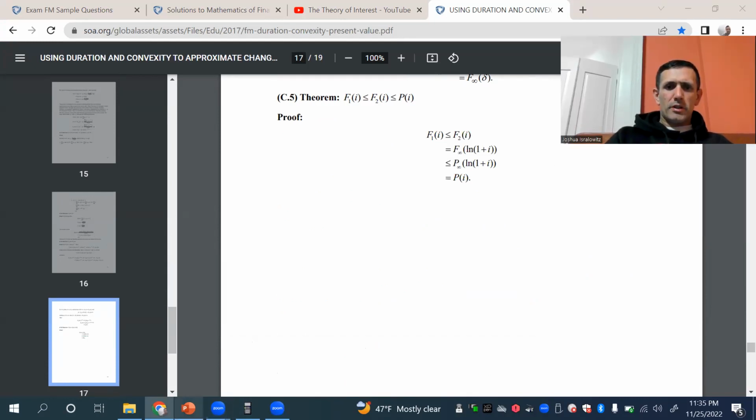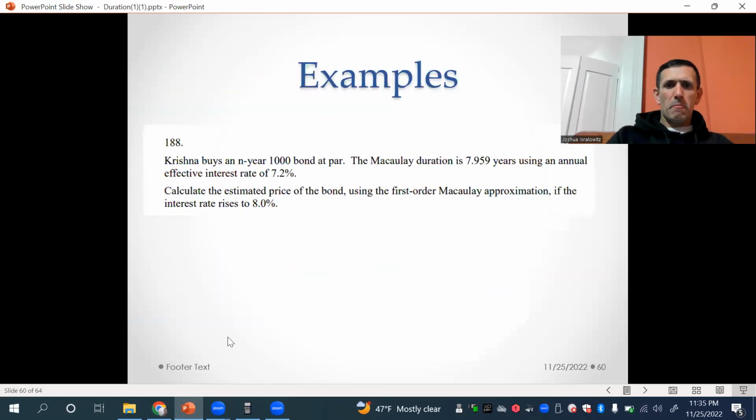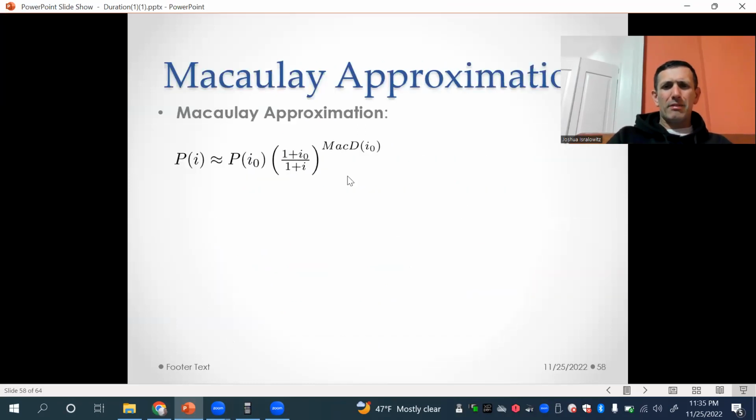So let me just explain where this even comes from. That's my goal here. In particular, having an exponent of the Macaulay duration. Why? Okay, so the answer is as follows.